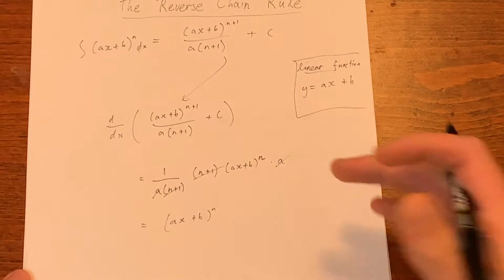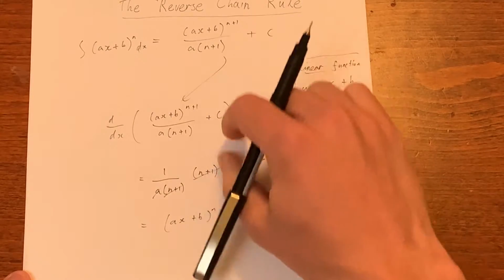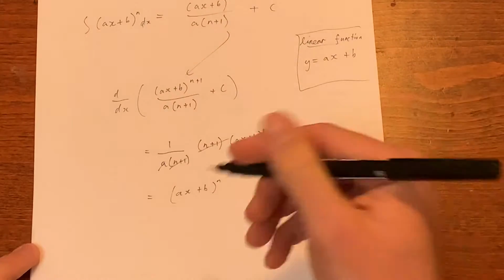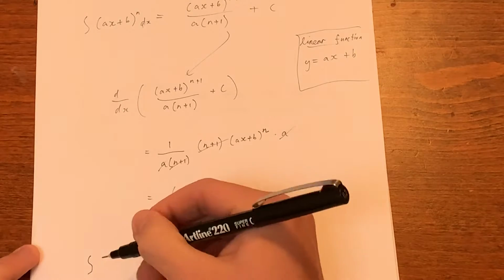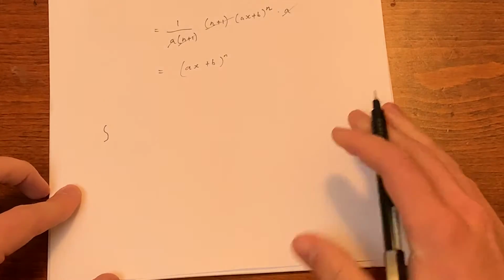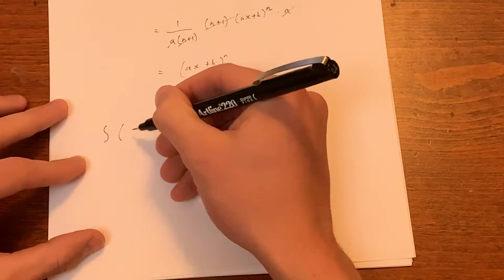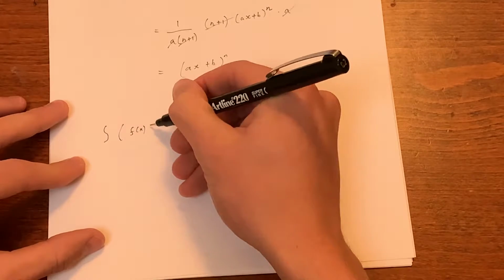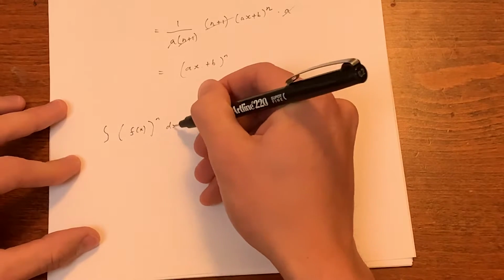The problem is we can't actually do this with any function that isn't a linear function, and I'll explain why right now. So imagine we have some function f of x to the power of n, right? And we want to integrate it.